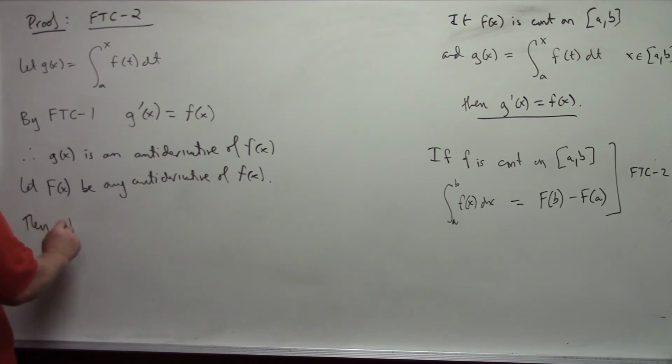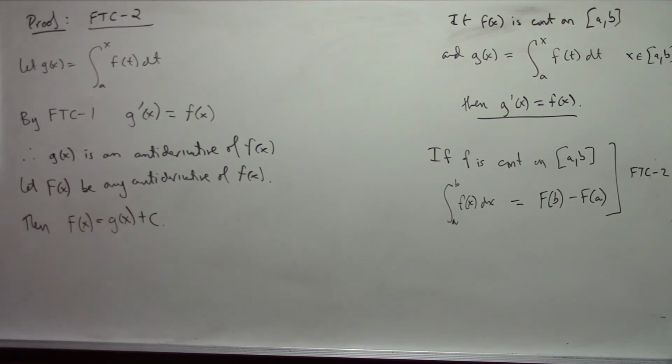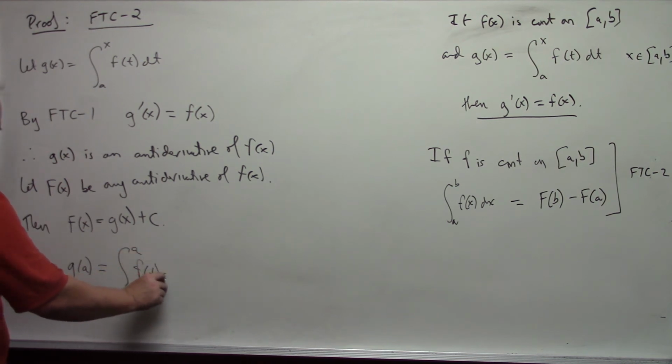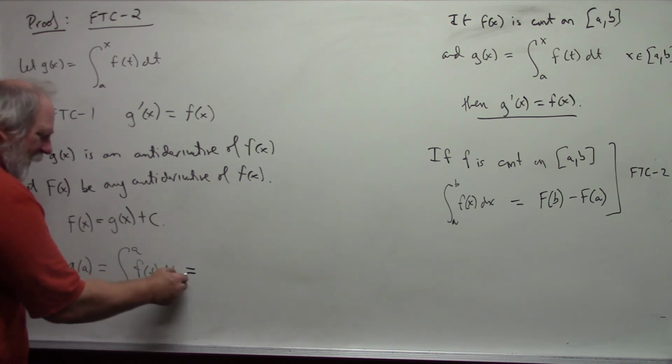Then capital F of x is equal to g of x plus c. All antiderivatives differ by a constant. Now, g of a is equal to the integral from a to a of f of t dt. This is basically the area under a point, which has to be 0.